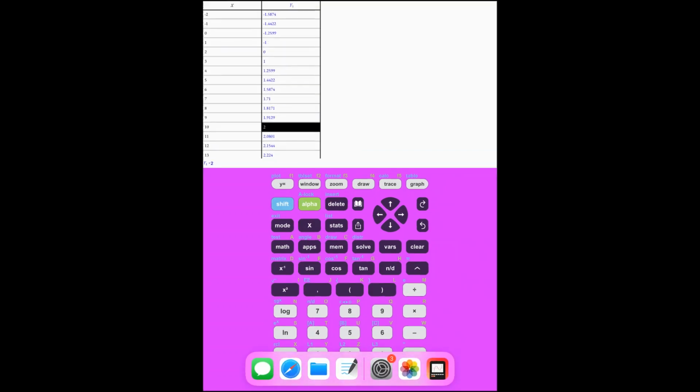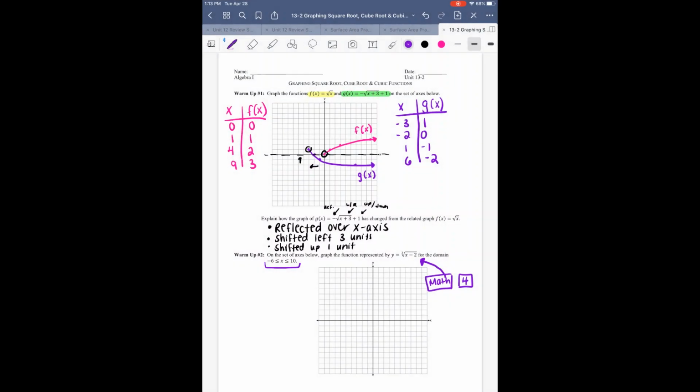I'm going to copy this information onto my notes. We've got x and y. The first easily readable point I have is -6, -2. The next is 1, -1. And then we have 2, 0, 3, 1, and 10, 2. So I'm just going to copy those down and plot those points.